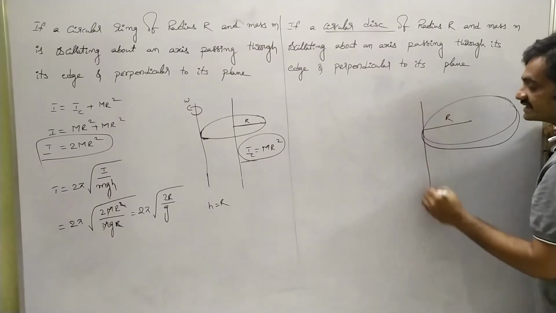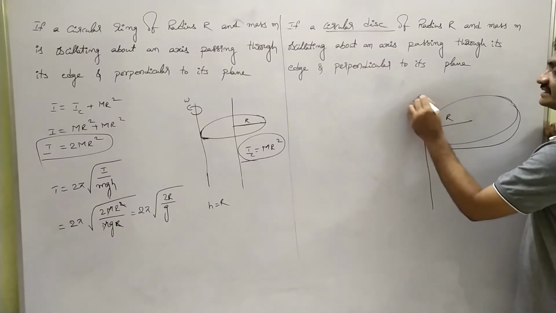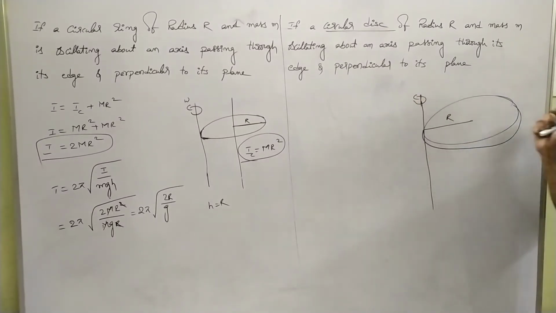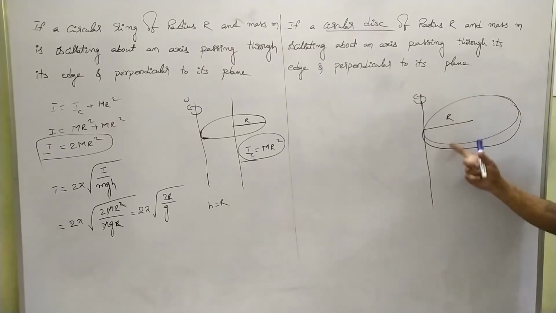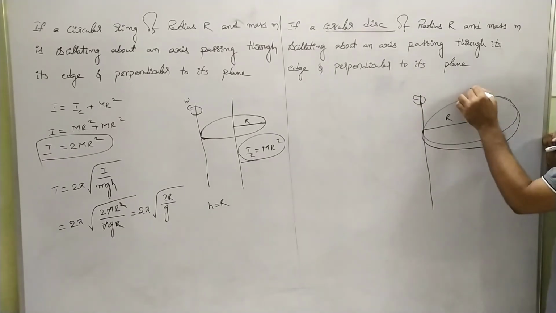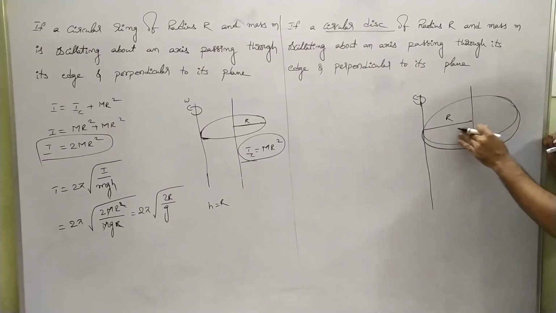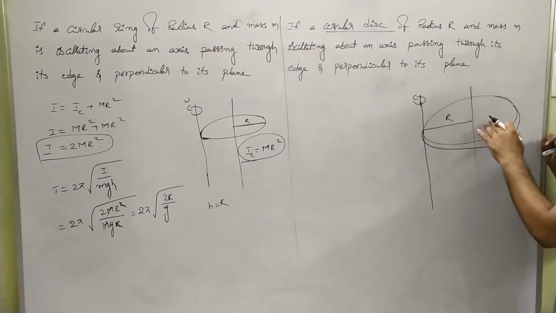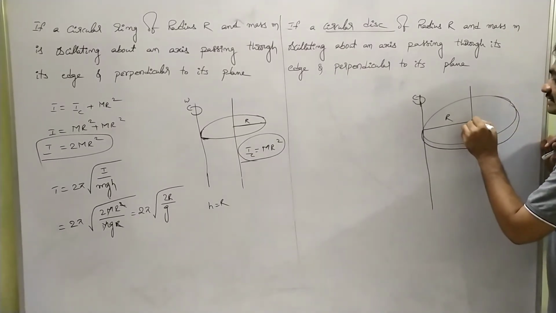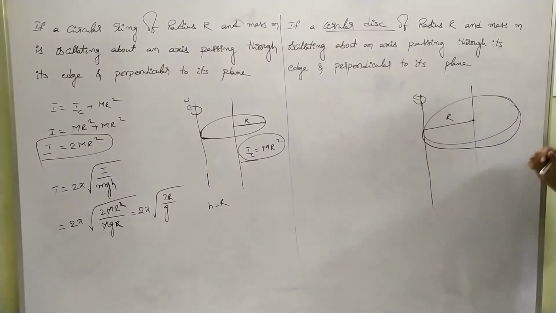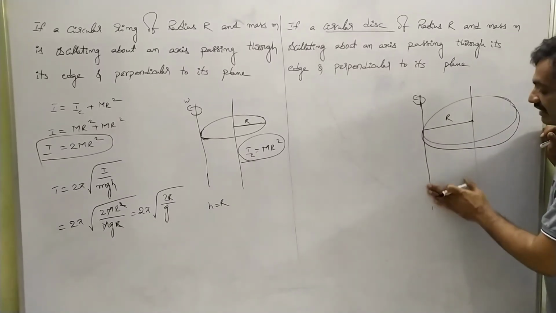Here the disk is oscillating about the axis which is passing through the edge and perpendicular to the plane. Now we have to consider the axis which is passing through the center of mass point of this disk, and here we represent this center for this disk.